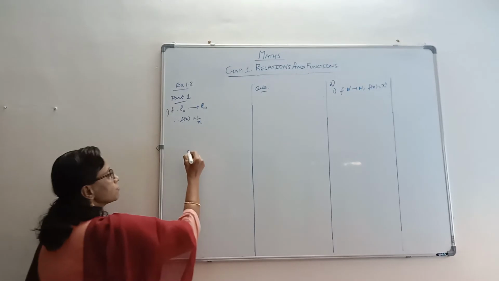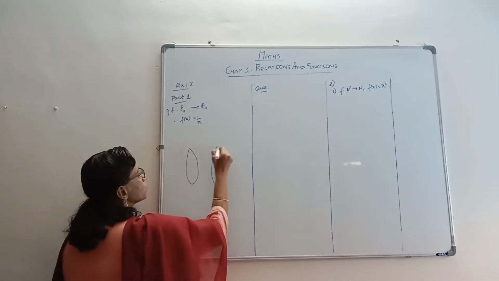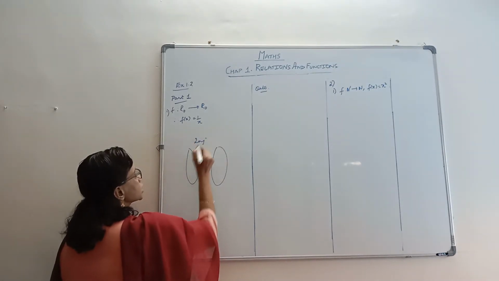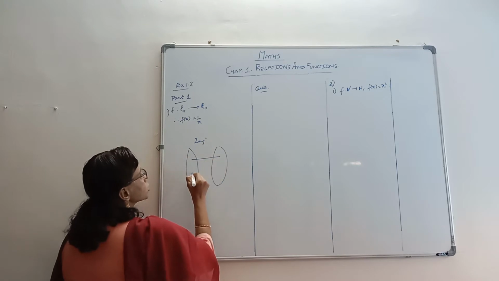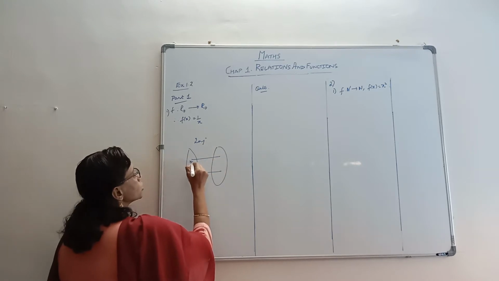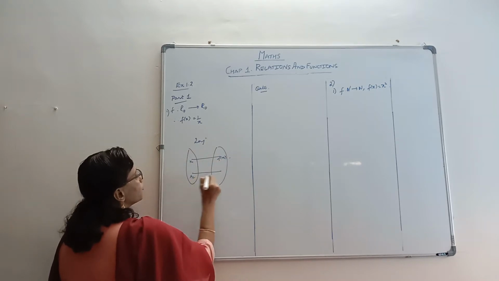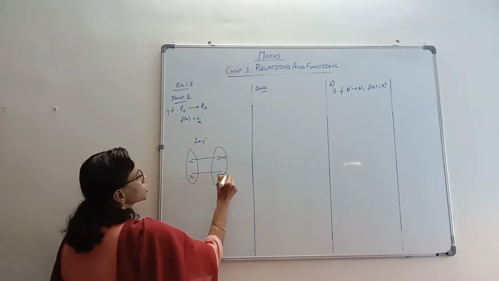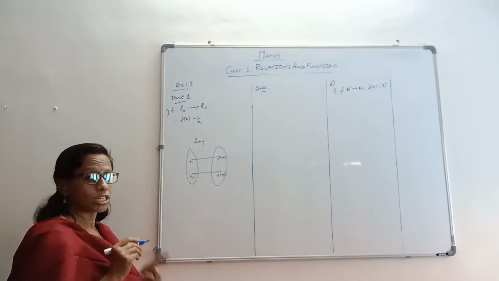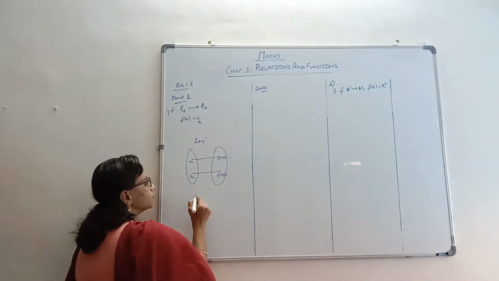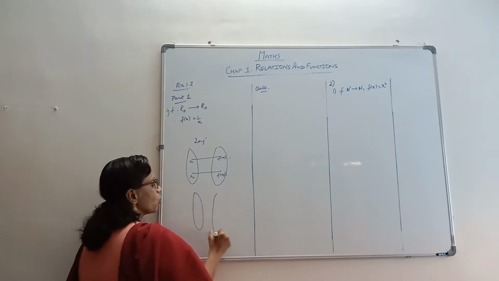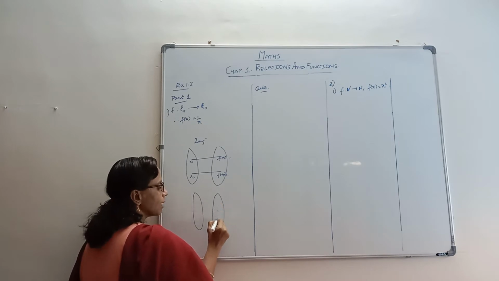The meaning of injective function is that every point on the domain will be related to a single image. This is the meaning of one-to-one functions. And onto function is that every point on the codomain will have some pre-image.